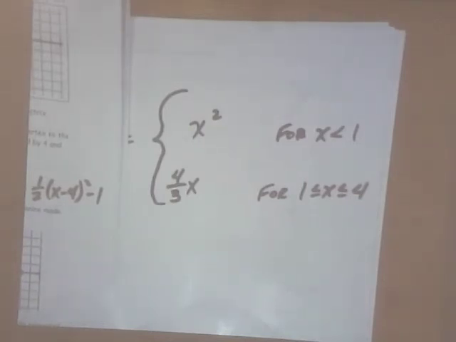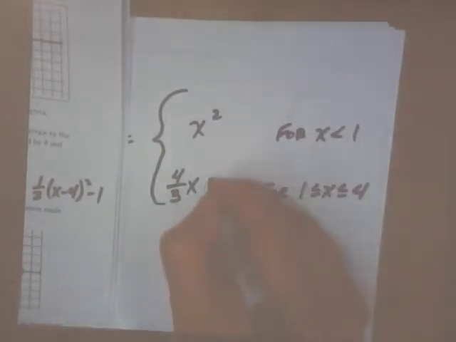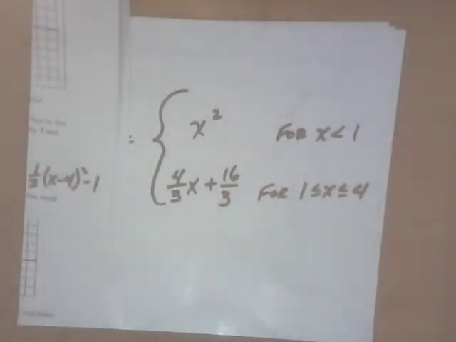Looks like 5 1/3. So what is that in improper fractions? 16/3? It's going down. It is a negative slope, thank you.